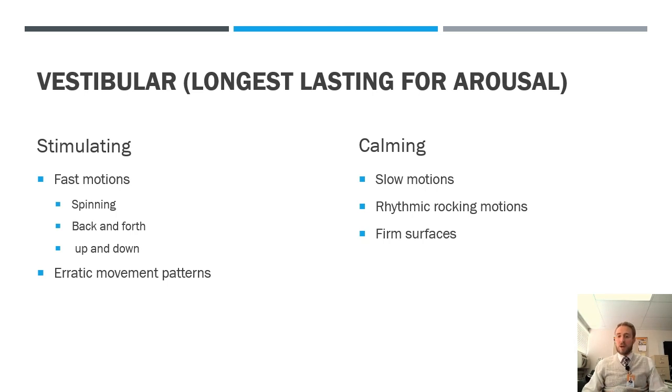Versus if you do a slow, rhythmic, rocking motion, sitting on firm surfaces, those are kind of grounding and very calming. So kind of a slow swing if a child's been a little grumpy and they seem like they need to be calmed a little. Well, I've done slow swinging and they'll just fall right asleep on the swing sometimes, which may or may not be helpful. So use this category wisely.